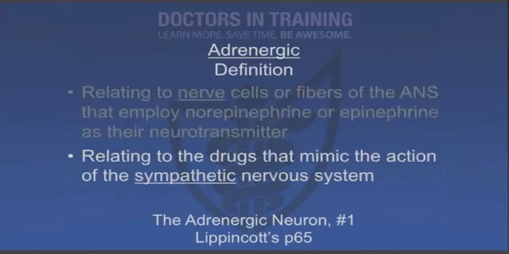The term adrenergic also relates to drugs that mimic the action of the sympathetic nervous system, or the action of norepinephrine and epinephrine or the components thereof. So first we start off talking about the nerves, the autonomic nervous system, and then we're going to shift gears and start talking about the drugs that mimic the action of the sympathetic nervous system.